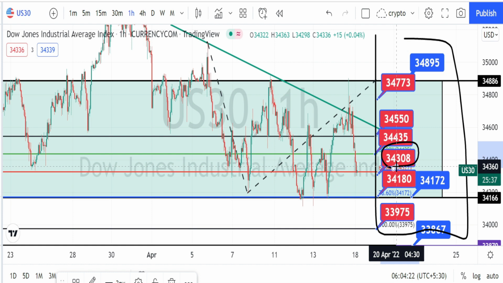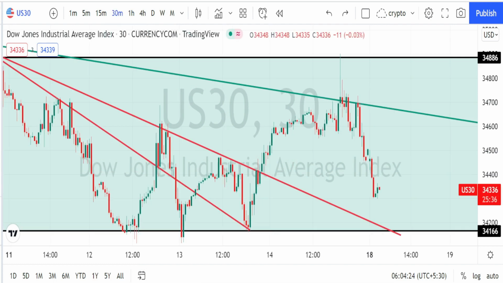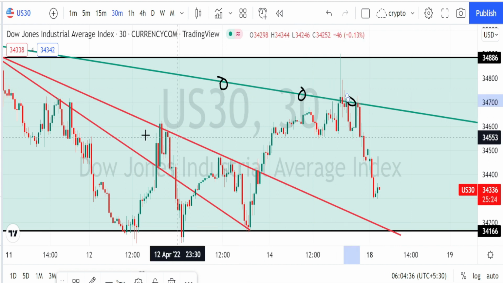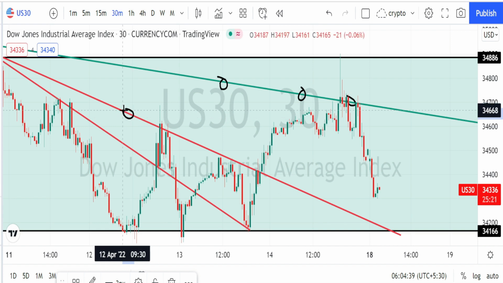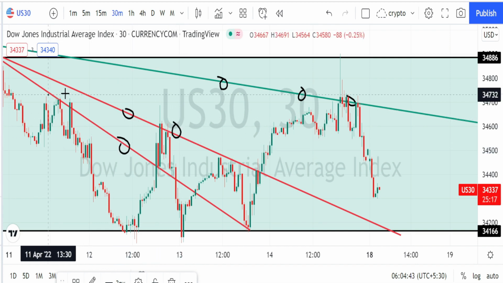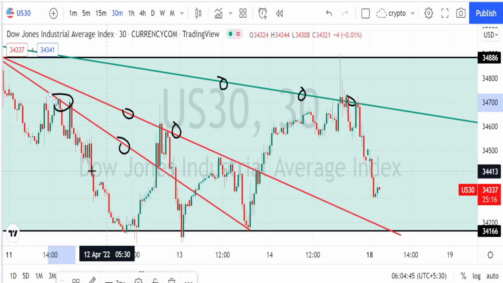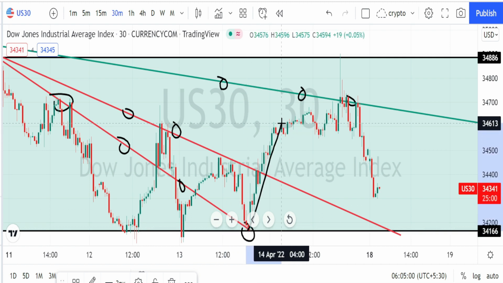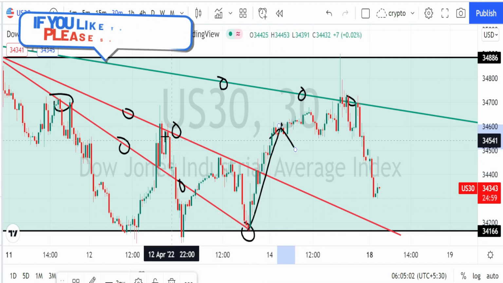Let us do the analysis in 30 minutes time frame. So I am in 30 minutes time frame now. In 30 minutes time frame, we have the green color resistance line from the hourly time frame, and I have drawn two more resistance line or support line for 30 minutes time frame also. In the past, the price action has respected this resistance line and took support on this support line and bounced back on the bullish trend reversal.